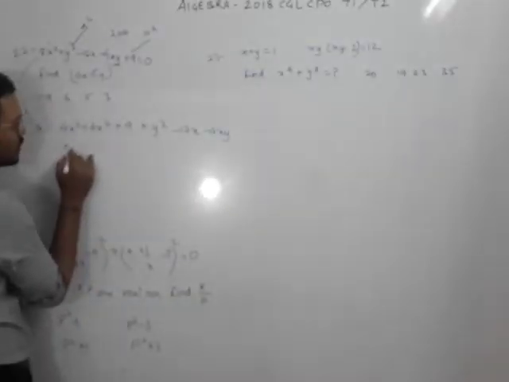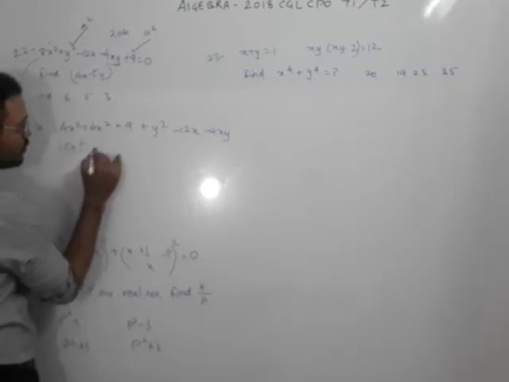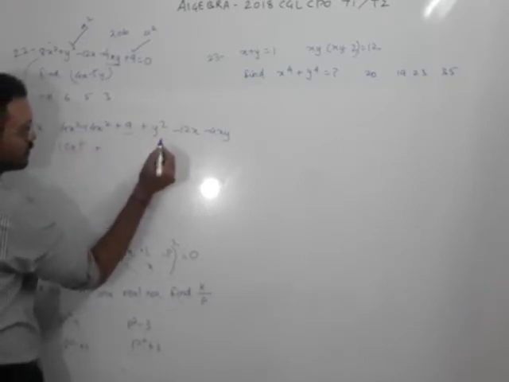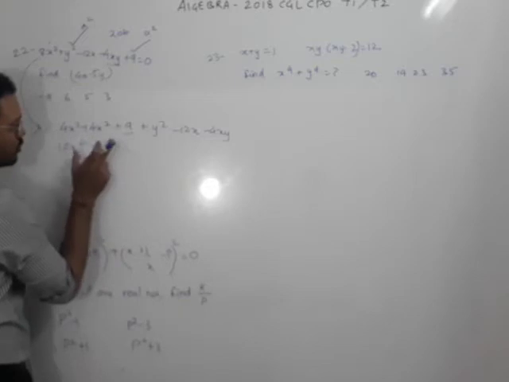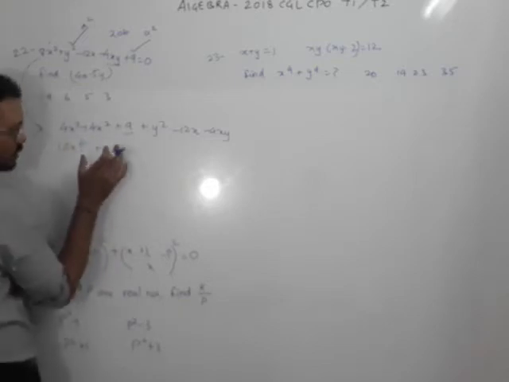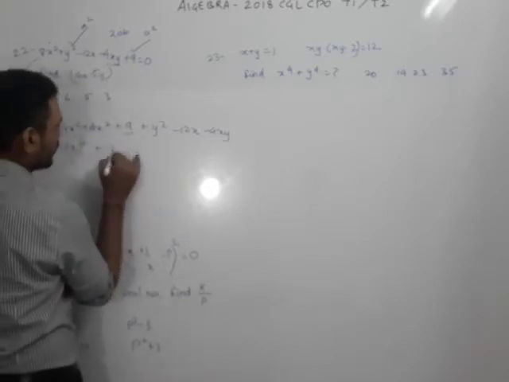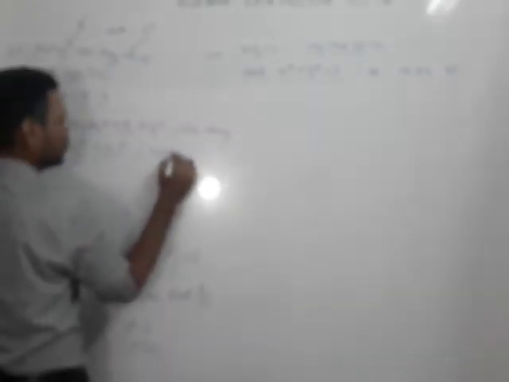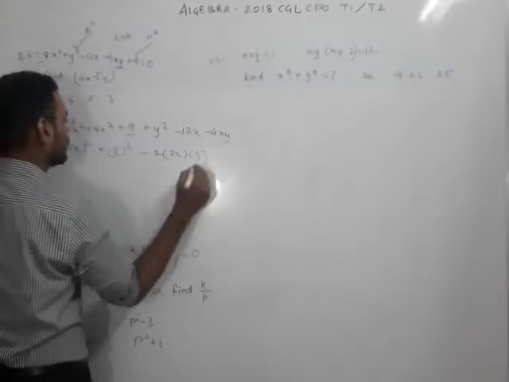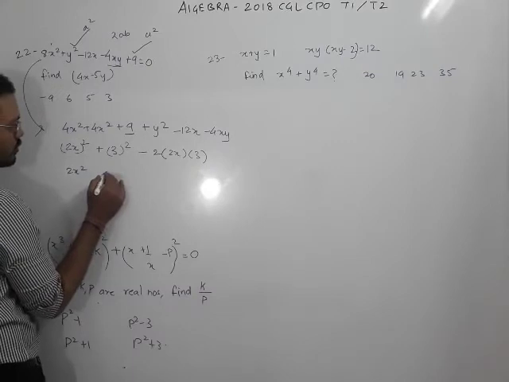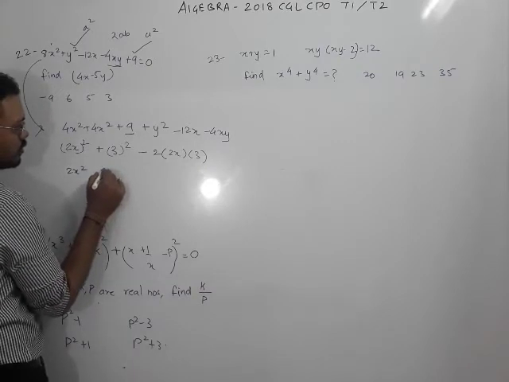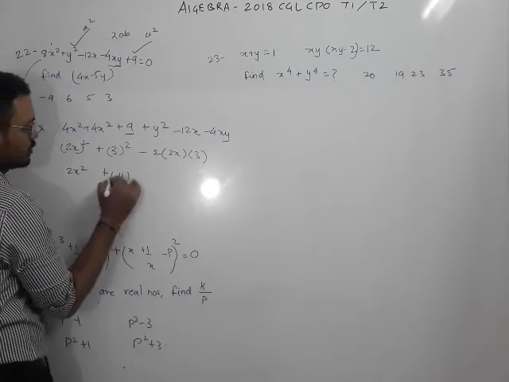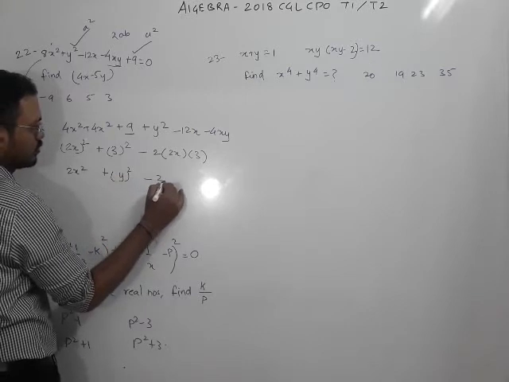Now I can see which are those squares. It becomes 2x the whole square plus 3 square, with 2ab being 3 into 2, 6, minus 2ab, and this becomes 2x square plus y square.